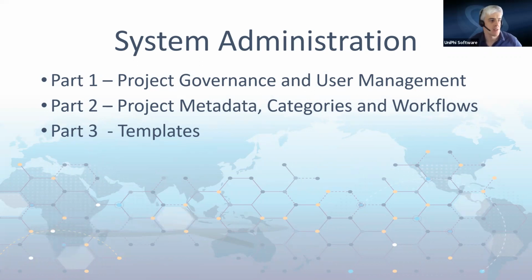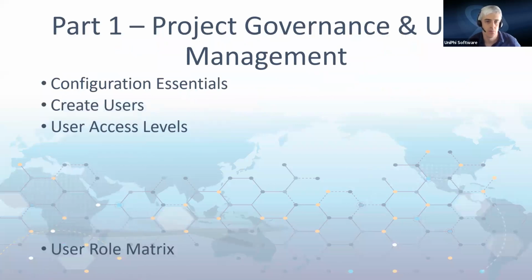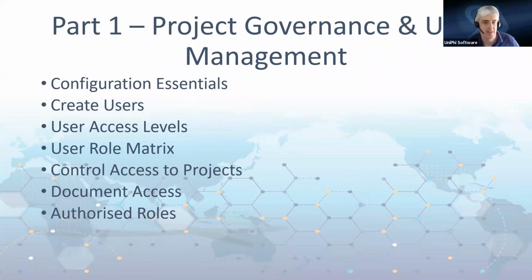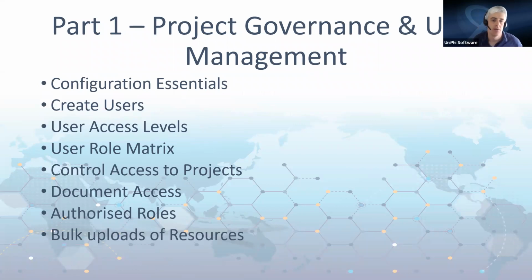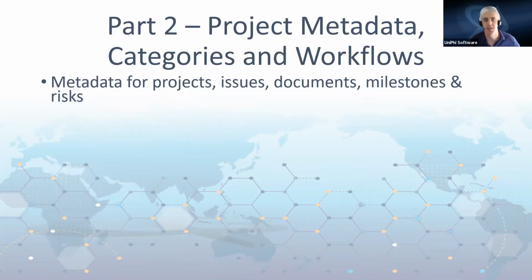So again, just to keep the recap going here, last week we went through configuring access for users and what you can do with users and the governance matrix. So let's look at what we're going to do today.